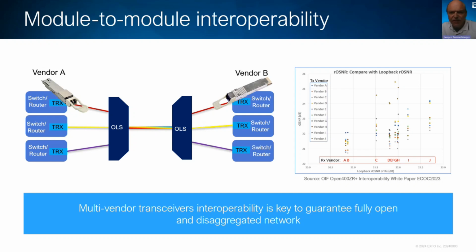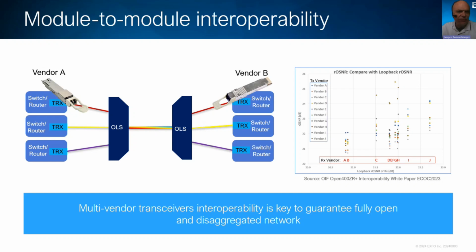That means the individual interop tests interact with each other and emphasize their relevance. But let me give you an example with the interoperability study of the OpenZR Plus during the ECOC 2023 Plugfest.